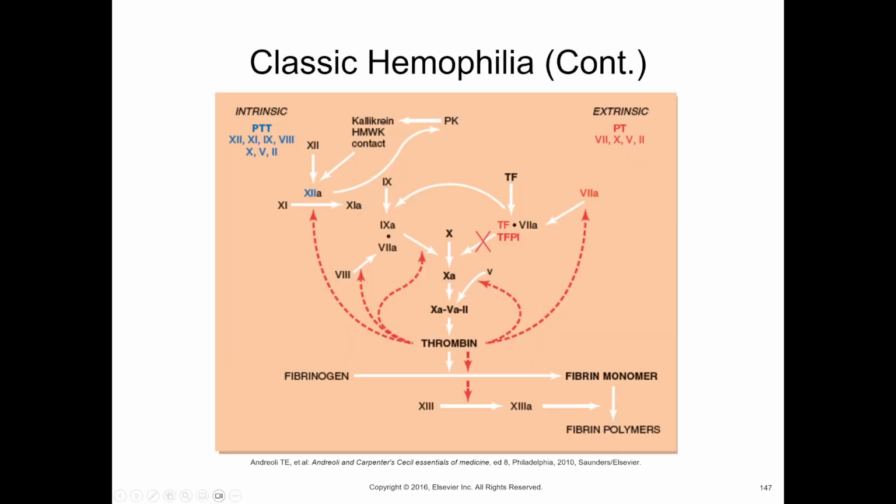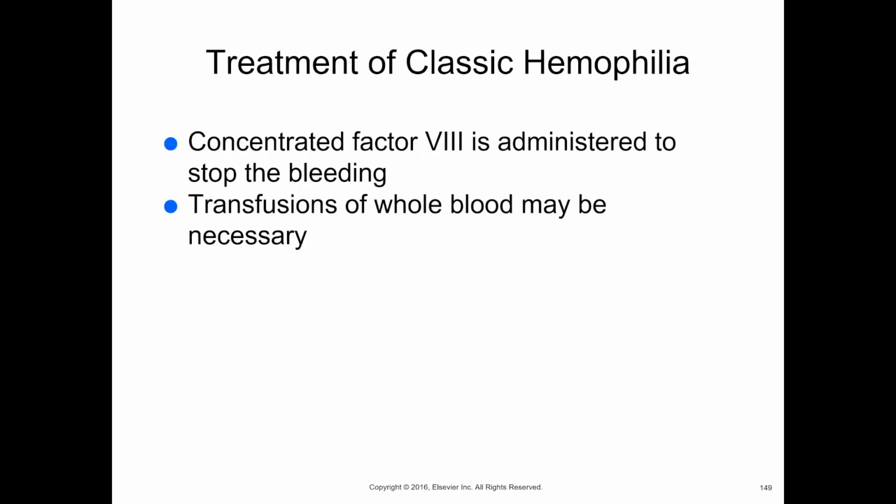So come back here. Thrombin is this guy right here. Thrombin is where we really start to get the signaling to create the fibrous mesh and the formation of a clot.